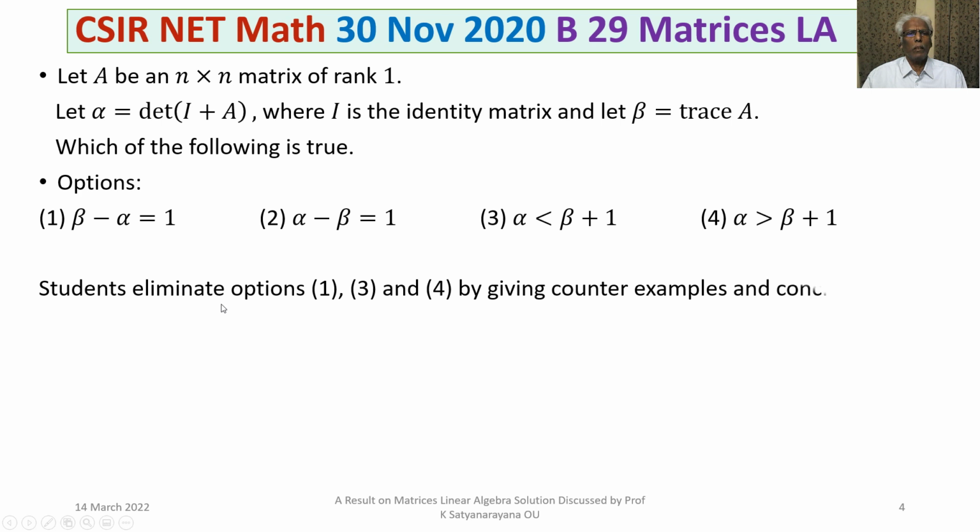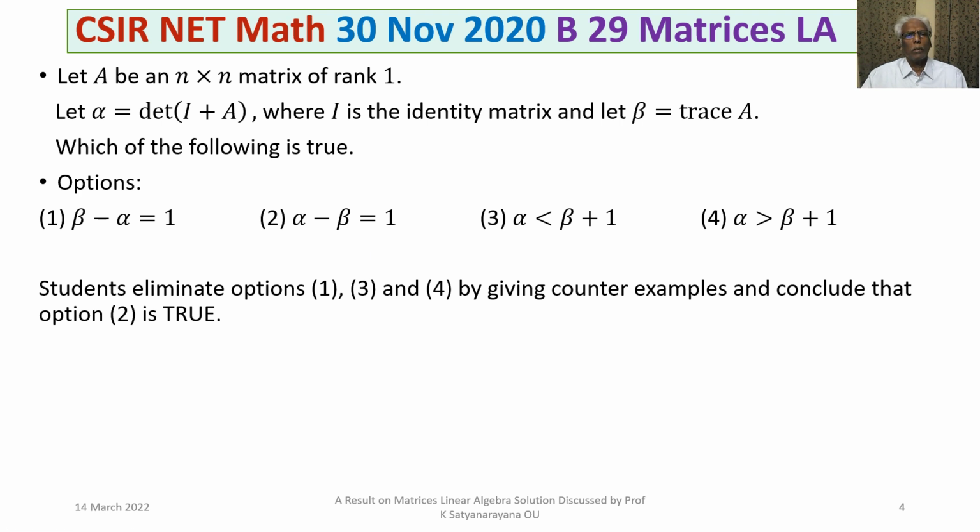Normally students eliminate options 1, 3 and 4 by giving counterexamples and conclude that option 2 is true, that is, alpha minus beta is equal to 1. And that's all sufficient for them.